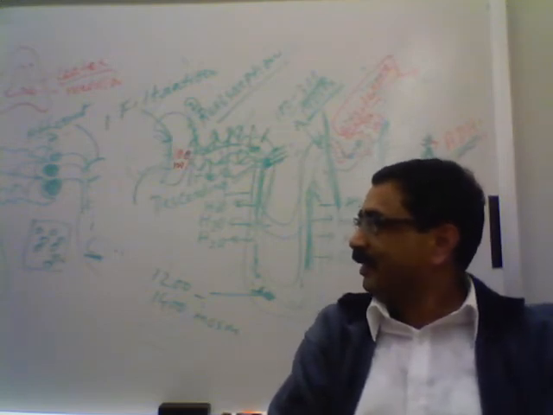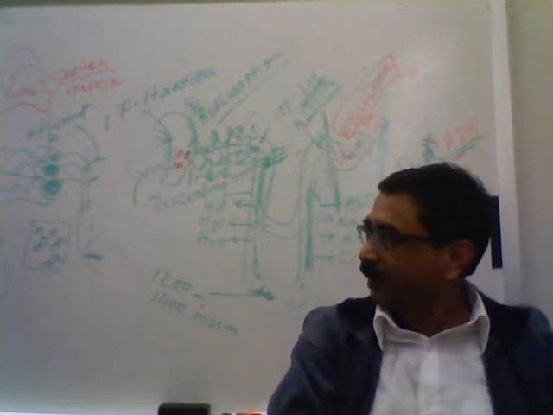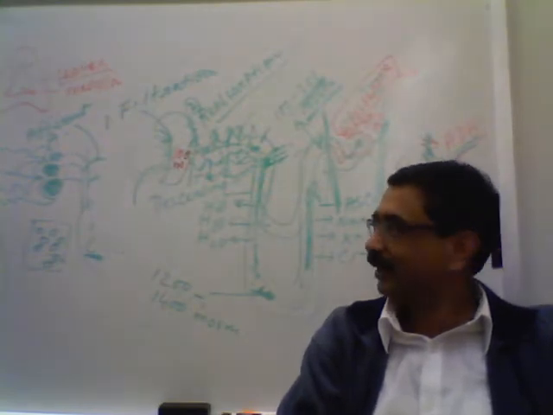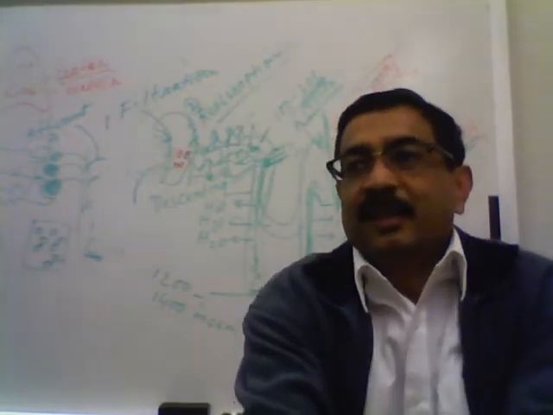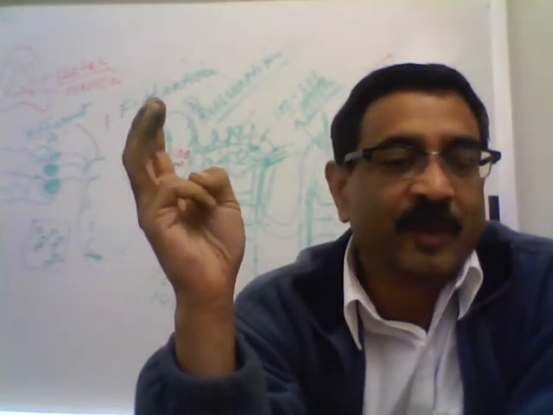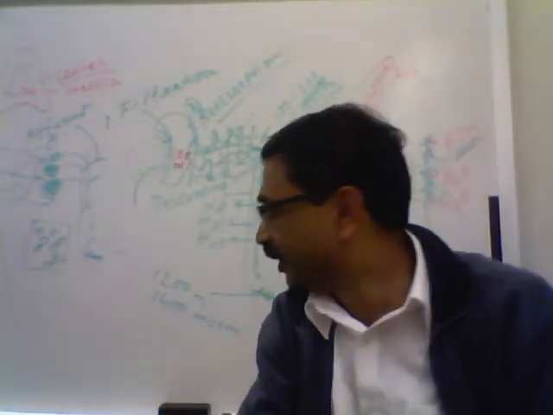Okay, here you see on the left side the cortical nephron, short loop of Henle. On the right side you see the juxtamedullary nephron, long loop. Okay, long loop nephron. Now inside the kidney you have three types of capillary structures. How many? Three types of capillary structures. We'll see those.